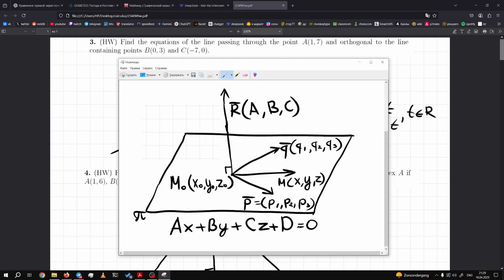Yeah, this is called the Cartesian equation. If we, for example, want to check if some point is in our plane, we can substitute this point into our equation, and if it's equal to 0, then it belongs to our plane. Now I will not erase it because we will need it.